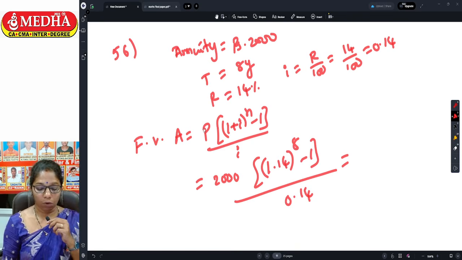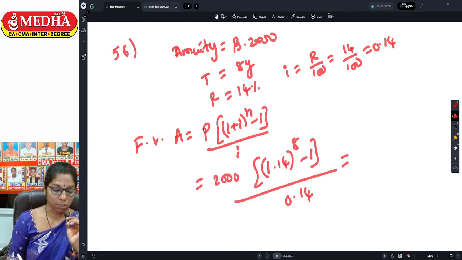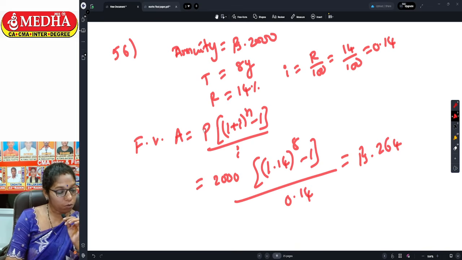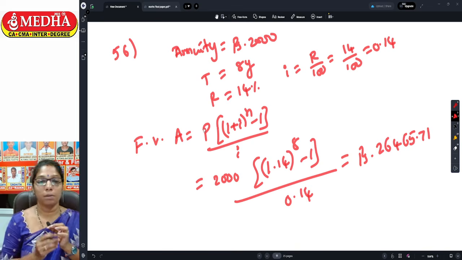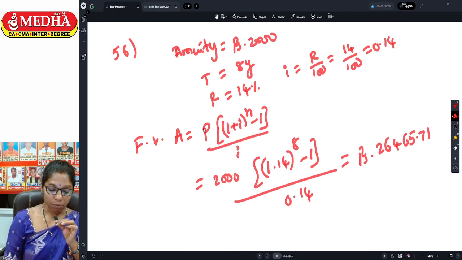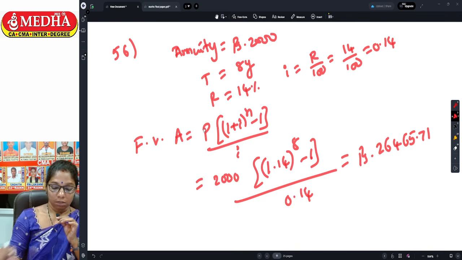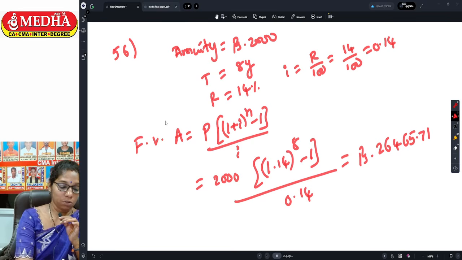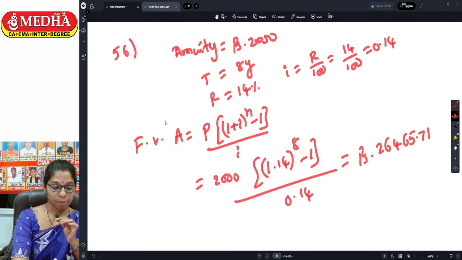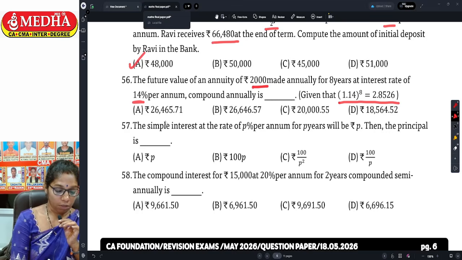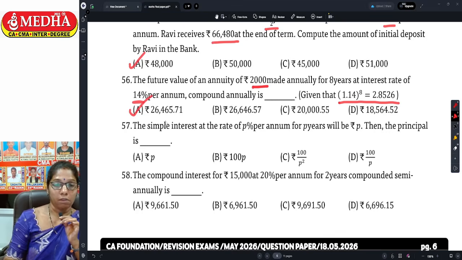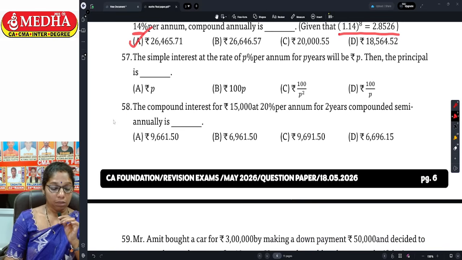So finally, the 1.14 whole power 8 value is given, minus 1, into 2000 by 0.14, which is equal to rupees 26,465.71. So this is the future value of annuity, 26,465.71.